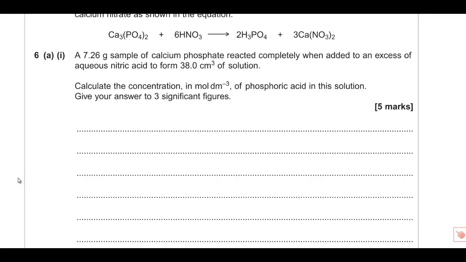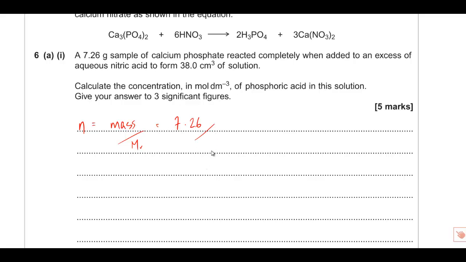Okay, first of all, let's look at the moles that we've got. We can calculate knowing the mass and working out the MR. We know that moles is mass over MR. I always tend to write out my equation first off. Makes me feel a little bit more comfy doing it.